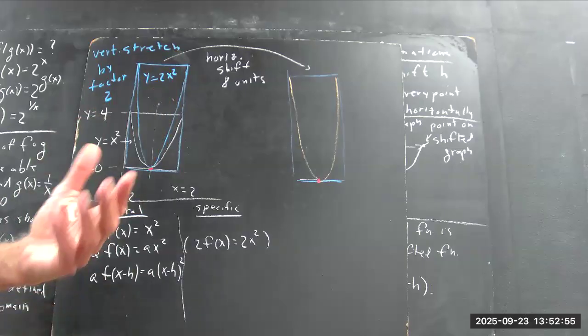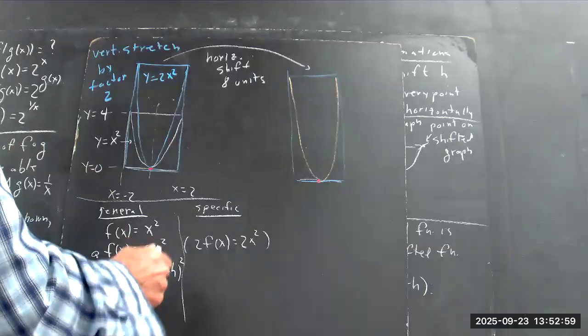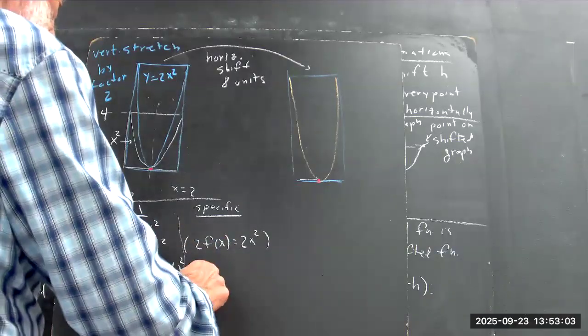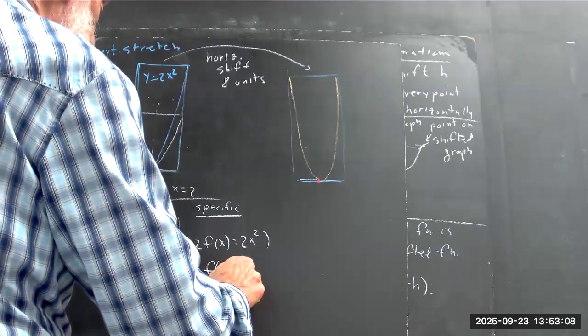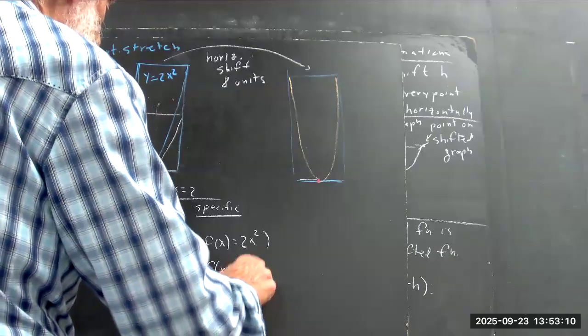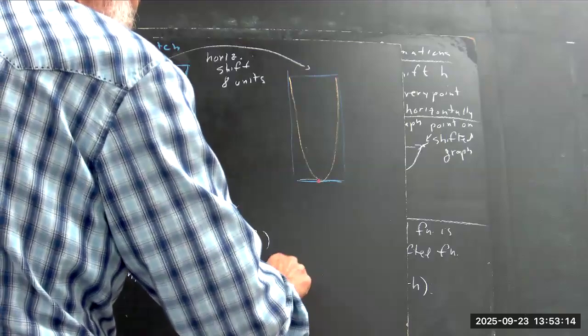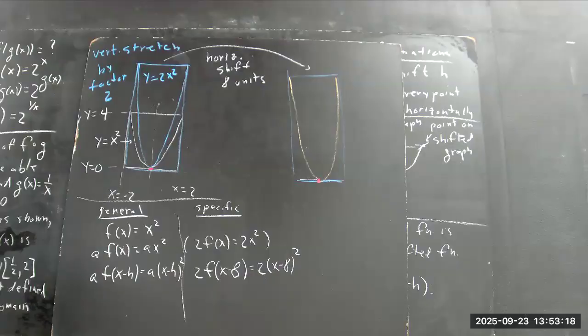If you don't, ask me, okay? Specifically, that would be 2f of x minus 8, which was 2 times x minus 8 squared.